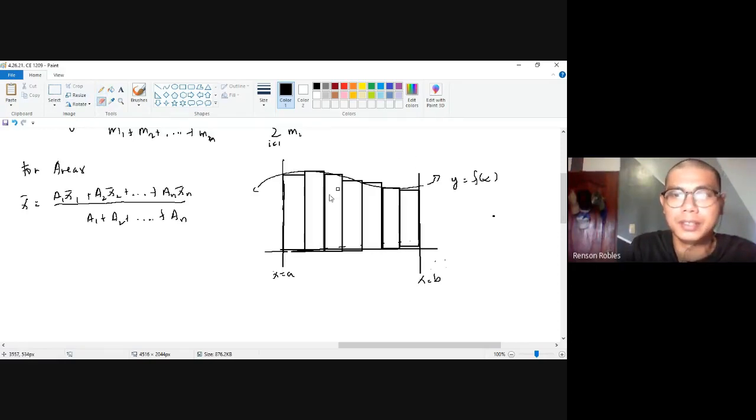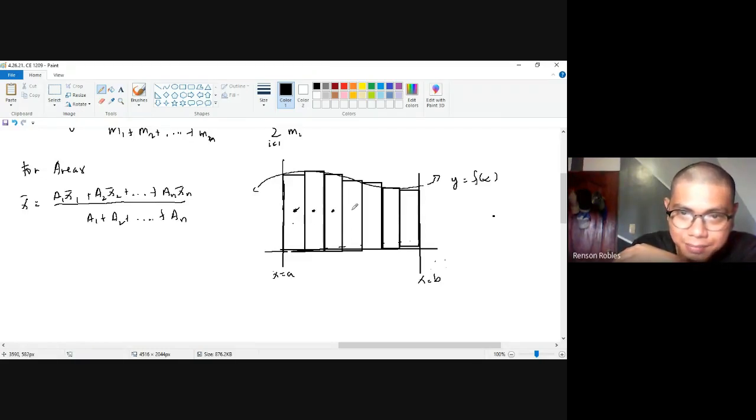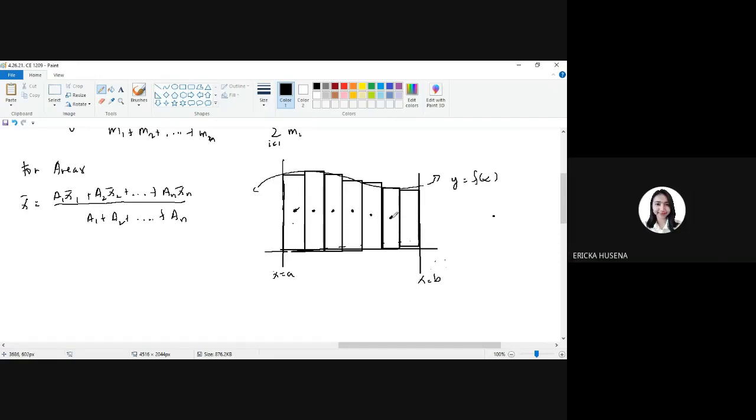Then, this is your A1, A2, A3, A4, A5, A6, A7. So, for each rectangle, we will assign a centroid. Okay, this is it. C1, C2, C3. Where do we write the centroid? At the center of the rectangles. Okay.